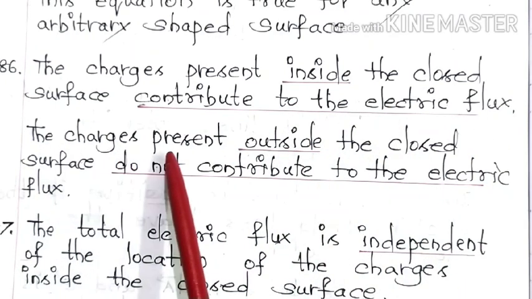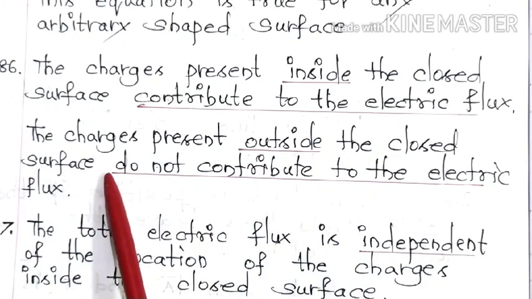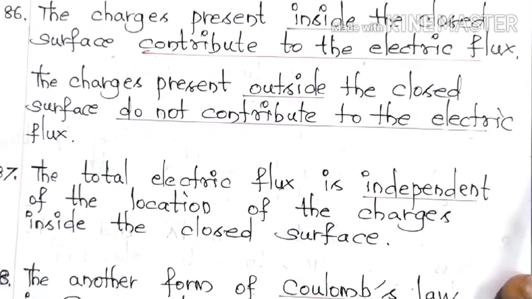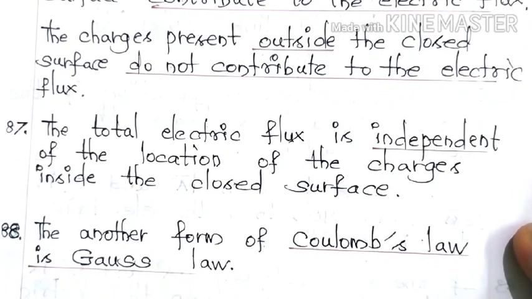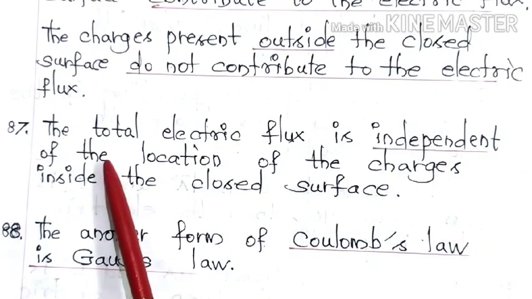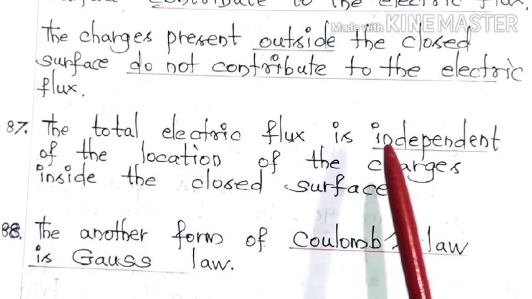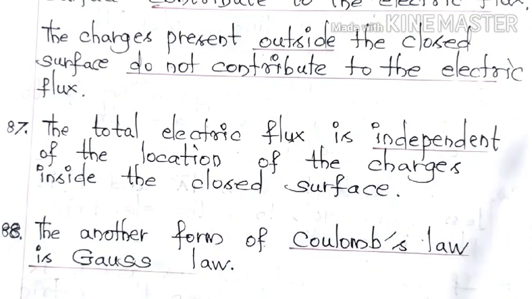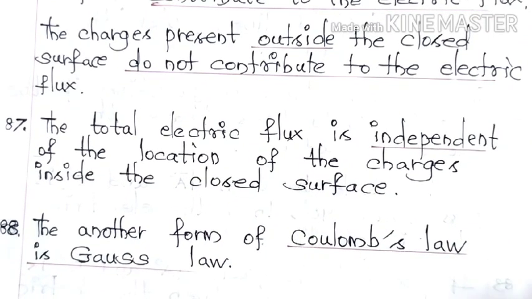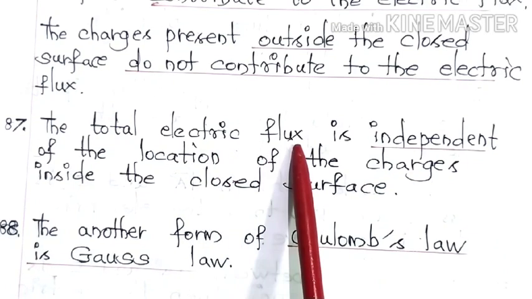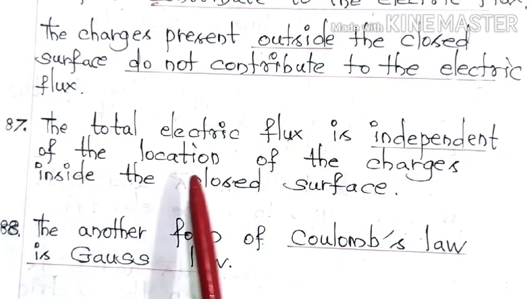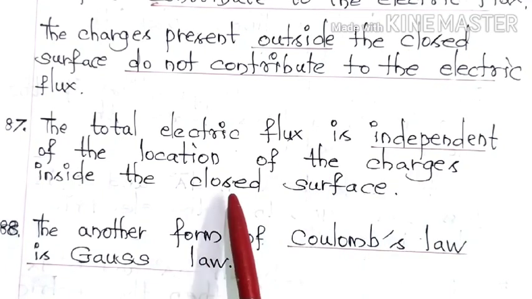The charges present outside the closed surface do not contribute to the electric flux. Next point. The total electric flux is independent of the location of the charges inside the closed surface. It means the total electric flux does not depend upon the location of the charges inside the closed surface.